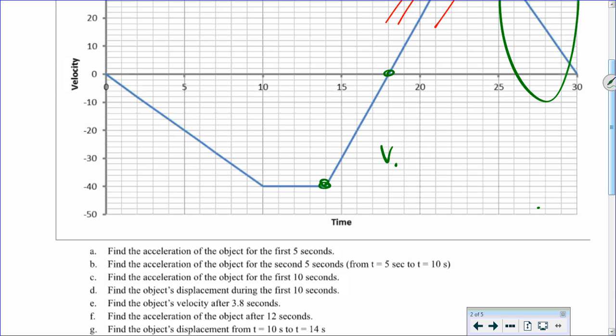Your VI is -40. Your VF is 0. Your time is 3 seconds. So find your average velocity and multiply by time. You've got to get, what, -60 meters? But it says negative, times 4. Oh, right, 4 seconds, my bad. Sorry, I was thinking it's starting at 15. Thank you. 4 seconds. Cool?